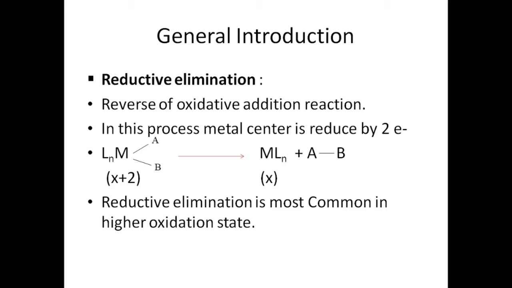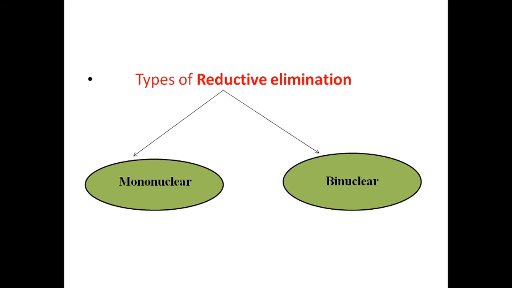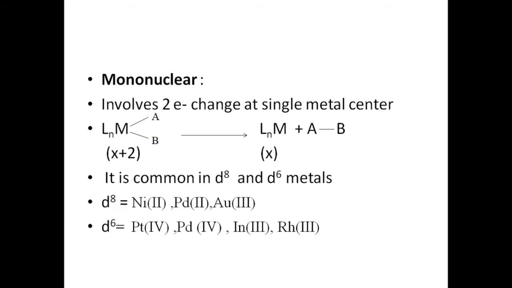Now let's move toward types of reductive elimination. There are two types: mononuclear reductive elimination and binuclear reductive elimination. First we will see mononuclear reductive elimination.